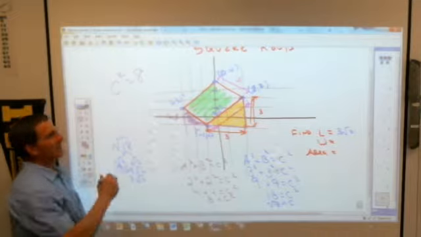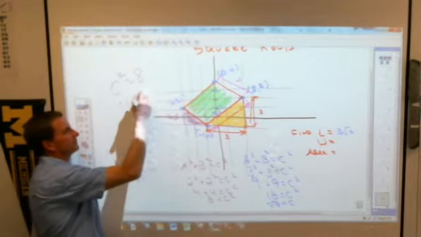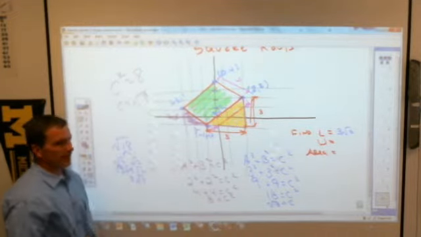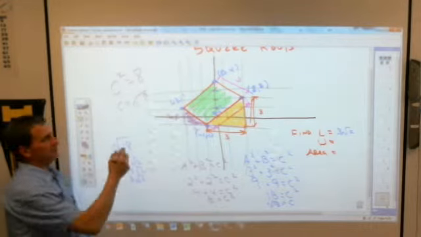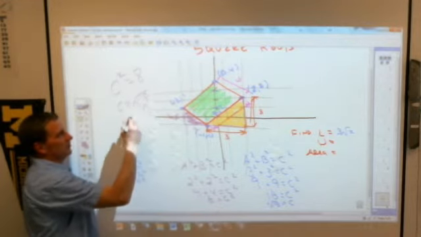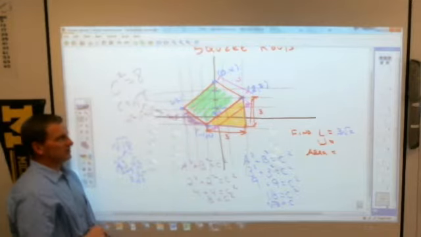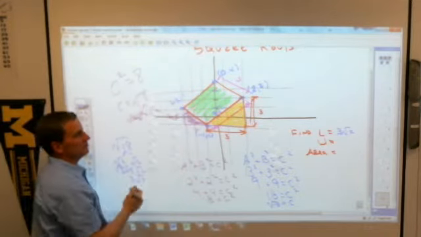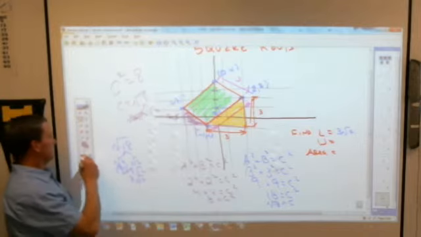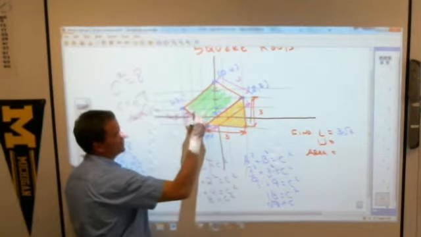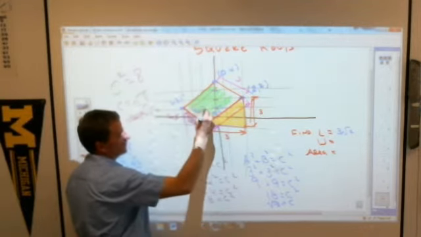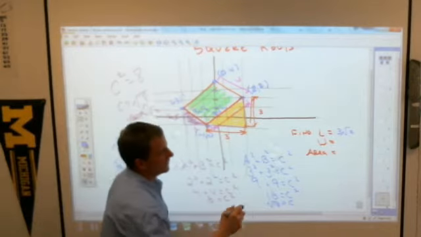Square root of 8. Yeah, the square root of 8. Now, can I leave it the square root of 8? Absolutely not, because it's not simplified. Square root of 8 is the square root of 2 times the square root of 2 times the square root of 2. 2 square roots of 2. So there's my width.